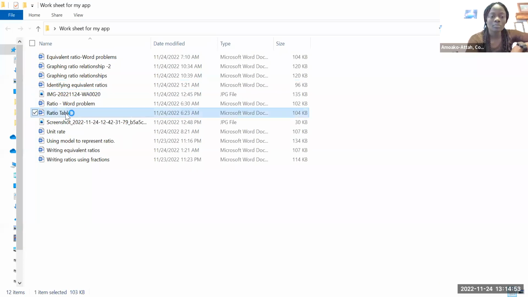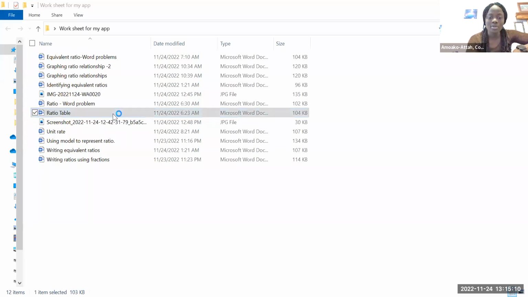Okay, I have ratio tables. This is still under unit rates. I think I chose the ratio tables.